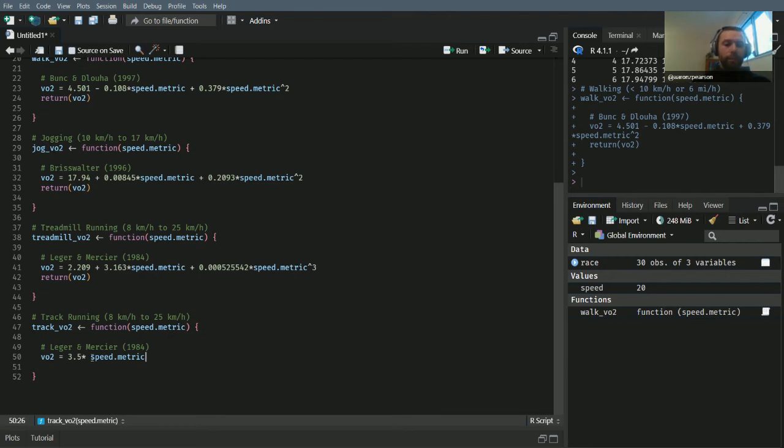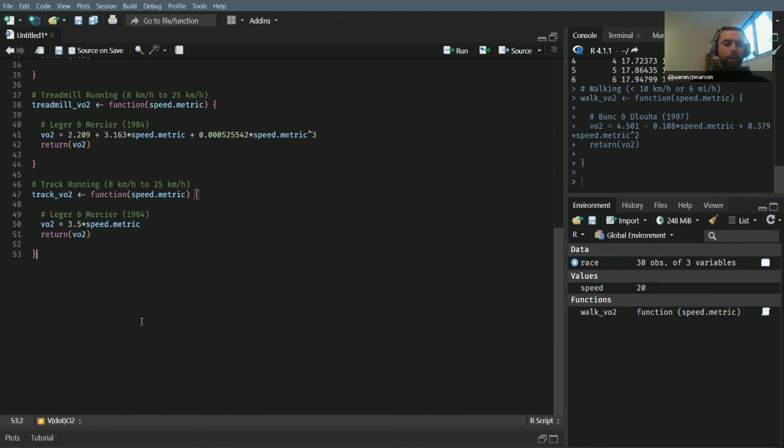Now, we have to keep in mind that the VO2 is, so I'll put it here, VO2 is in milliliters per kilogram per minute of oxygen that is used.